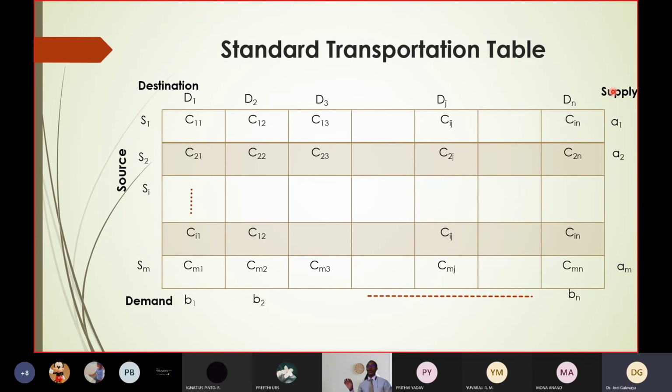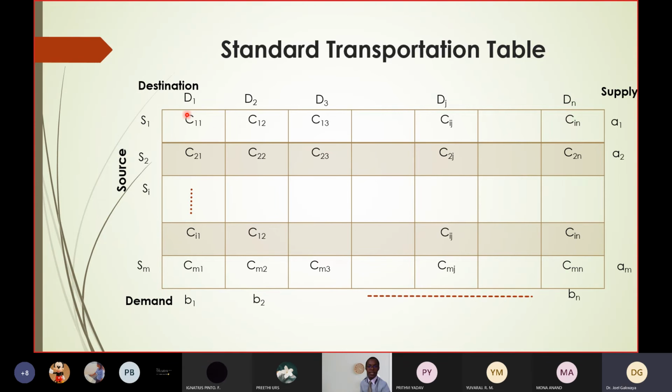Supply is in the row-wise, the demand is in the column-wise. So at the end we need to find the total, or the sum of supply and the sum of demands.